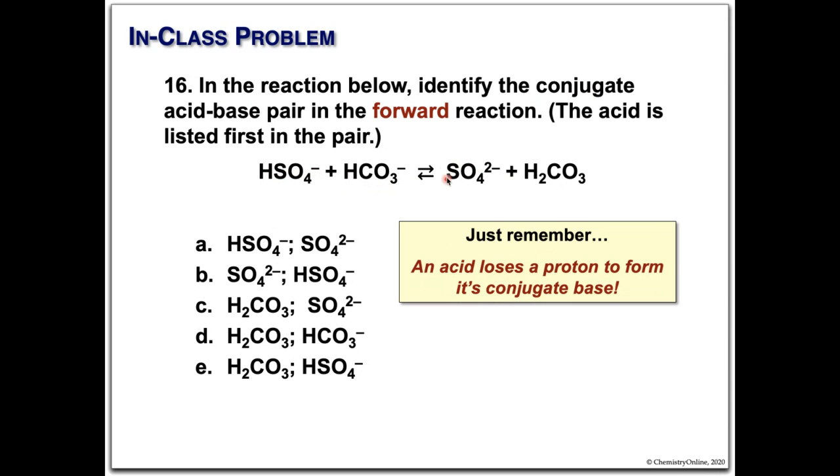This is sulfate. It's missing a proton, isn't it? It has donated that to hydrogen carbonate, but this is the acid form. So the conjugate acid-base pair is simply this, plus what happens after you give up the proton. Hydrogen sulfate loses a proton and forms sulfate.